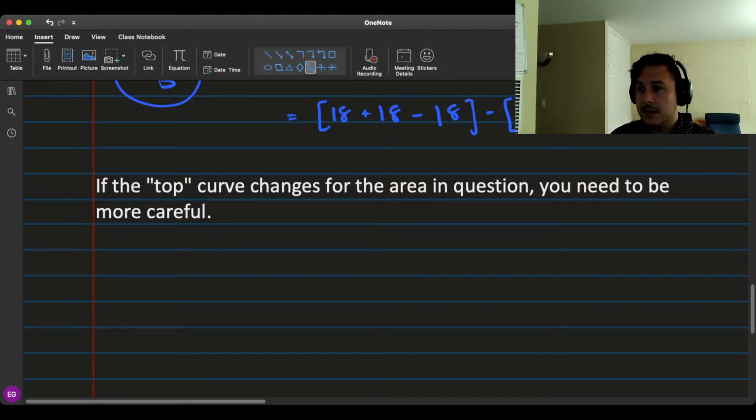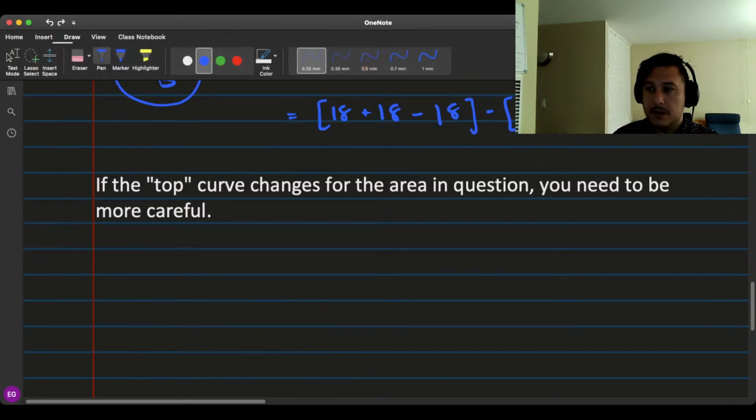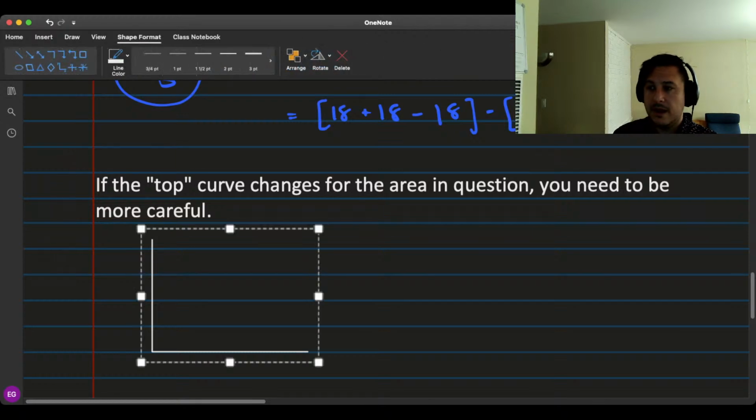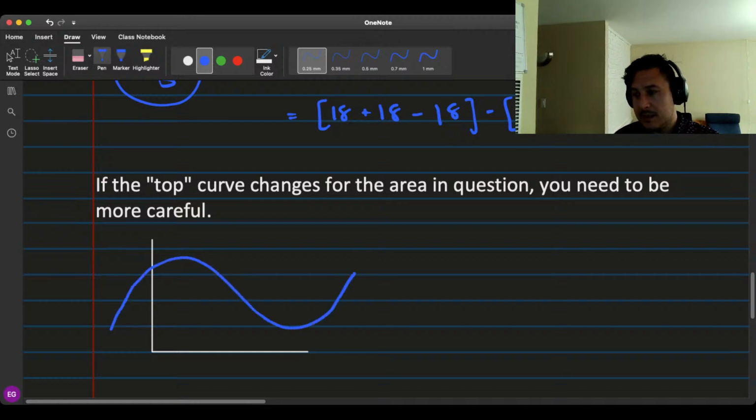Let's insert our graph. And let's say our f of x looks something like this.